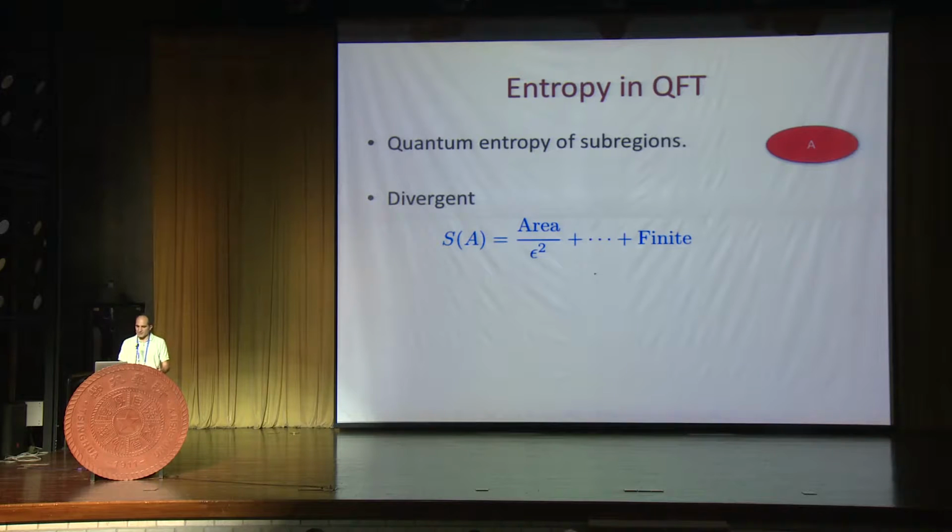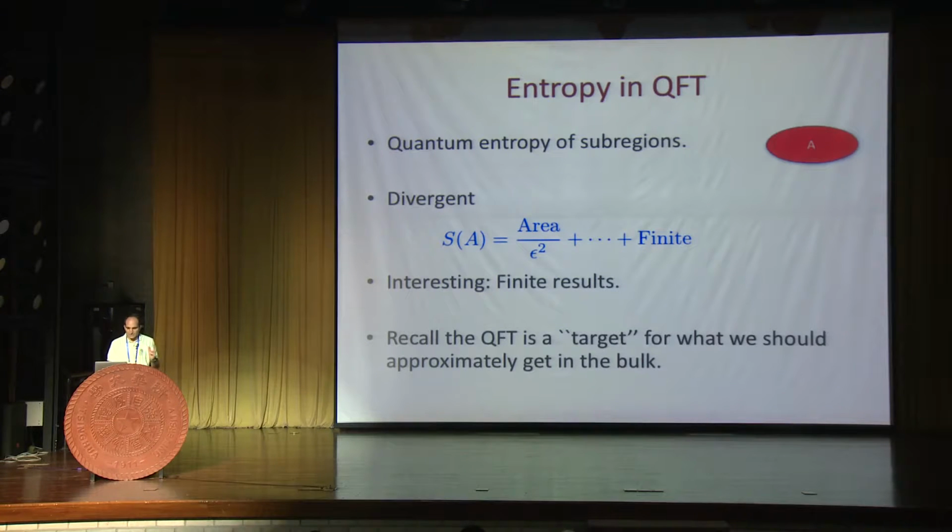That entropy is divergent, but the divergences are well understood. The leading divergence in 4 dimensions is proportional to the area divided by the cutoff squared, so it's a quadratic divergence, and it comes from the short-range entanglement between the degrees of freedom near the boundary of the region. Then there are some other subleading divergences, and then there are finite contributions. Most of the recent activity has centered on understanding the properties of the finite parts.